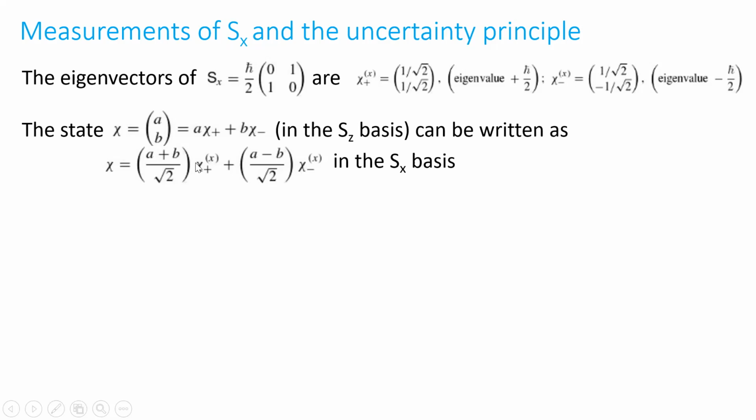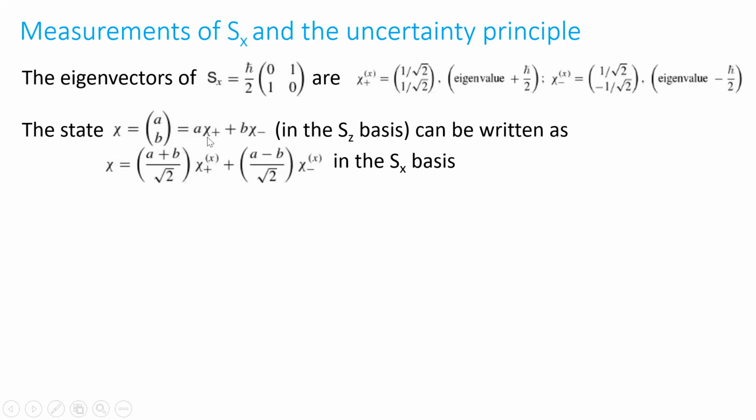So we can see one of these. If we take this chi plus x here, we get 1 over square root of 2 times a plus b over square root of 2, so a plus b over 2 times chi plus, but then over here we get a minus b over 2. So we get a plus b plus a minus b over 2, which would be 2a over 2, or a times chi plus.